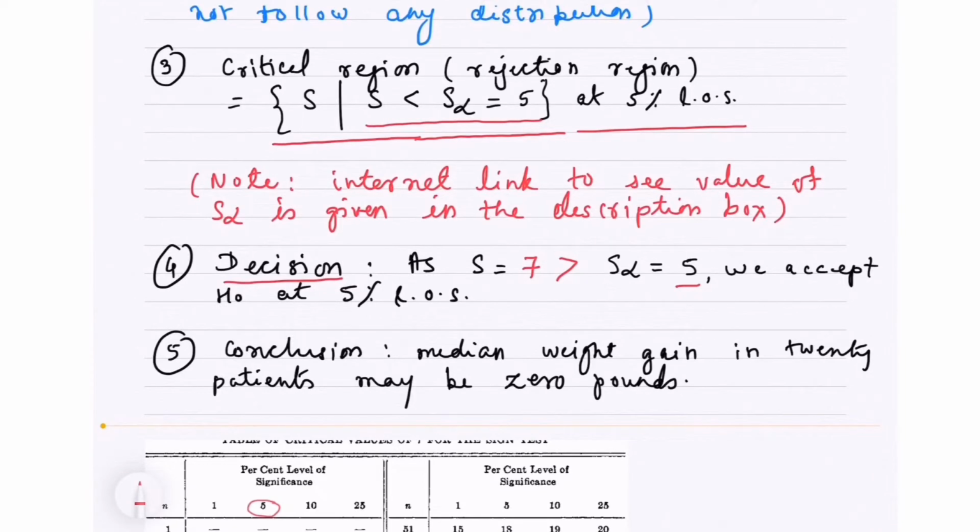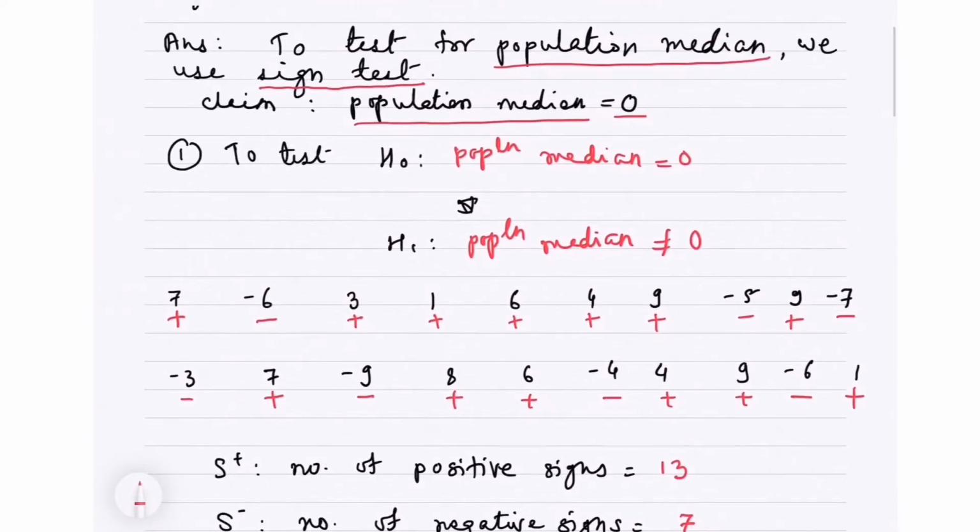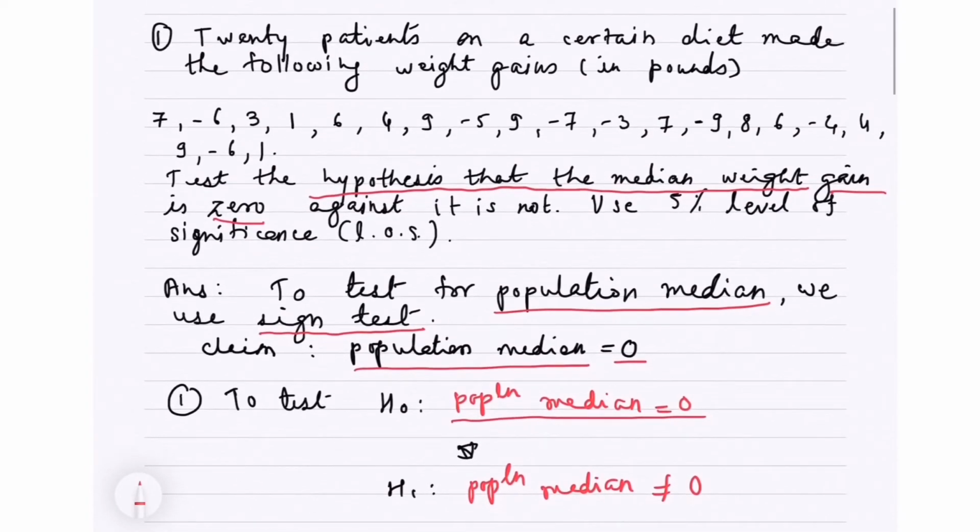So the last step, the fifth step that we write in the testing of hypothesis, is conclusion. The conclusion is, as we are accepting H0, that is population median equals 0, that is median weight gain is 0.